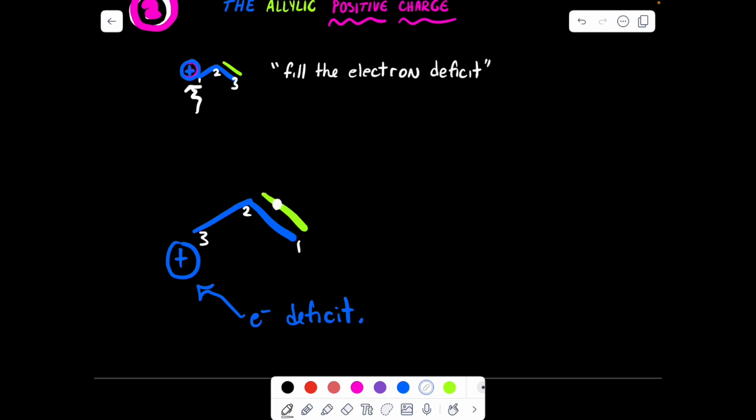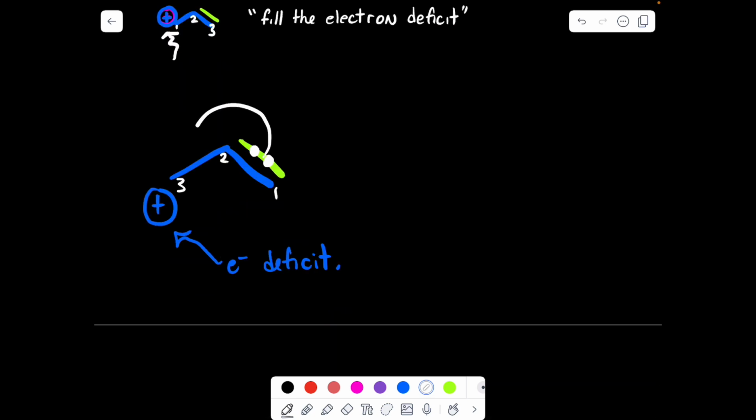So draw in all the electrons that are part of pi bonds or lone pairs, and we can see that there's a pi bond that exists between atoms number 1 and 2. So these 2 electrons can say, oh my god, hey, I can help you. Look, I'm a pi bond. I'm weak. I'm like a sea otter. I can swim around and jump to other atoms that need electrons. So I can go 2 over.